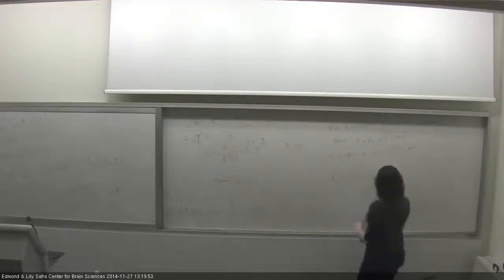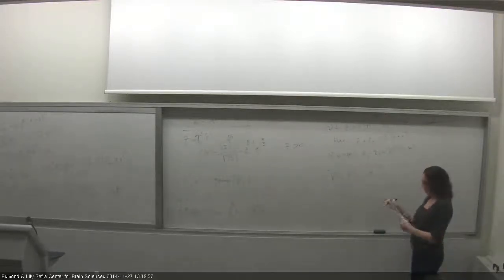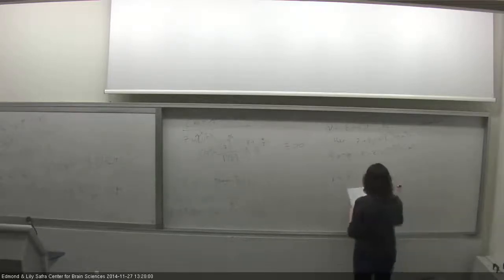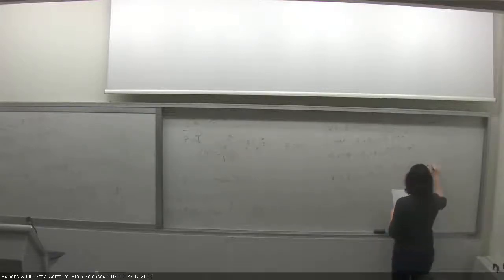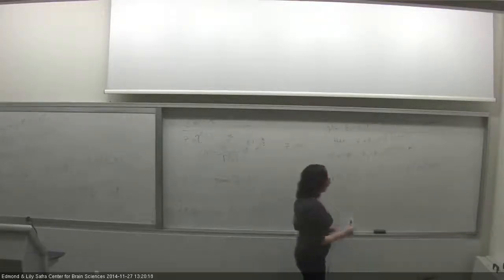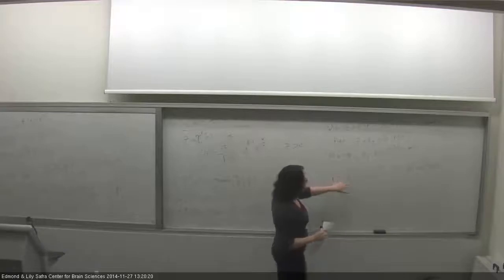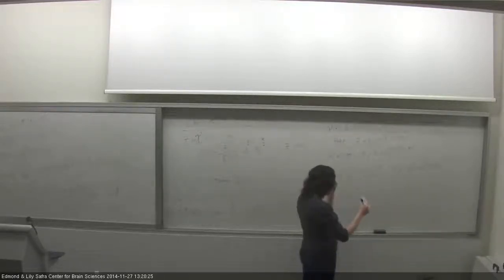To calculate the bias of the estimator, we can write this term simply as the sum of xi minus mu squared minus n times x bar minus mu squared. If you're not sure why this is true, go back to the notes and verify. But here we didn't divide by n.